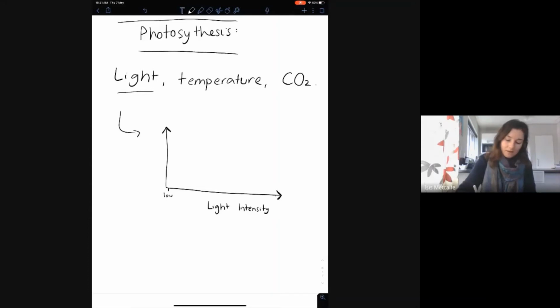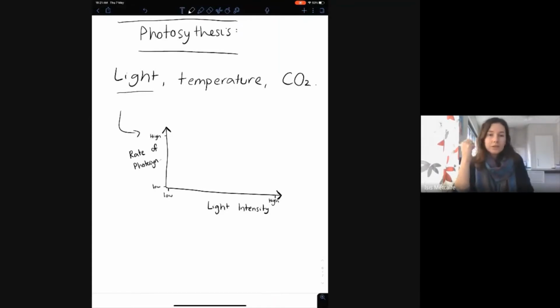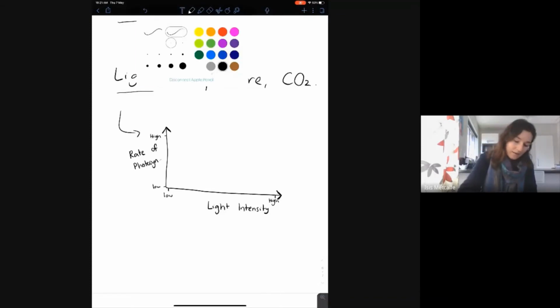We don't need to worry about actual numbers. And on our y-axis, which is our dependent variable, we have rate of photosynthesis, low and high. And so what we would traditionally see with light is a response like this.